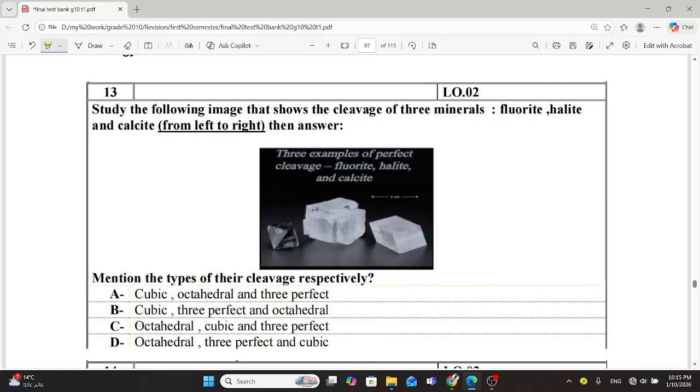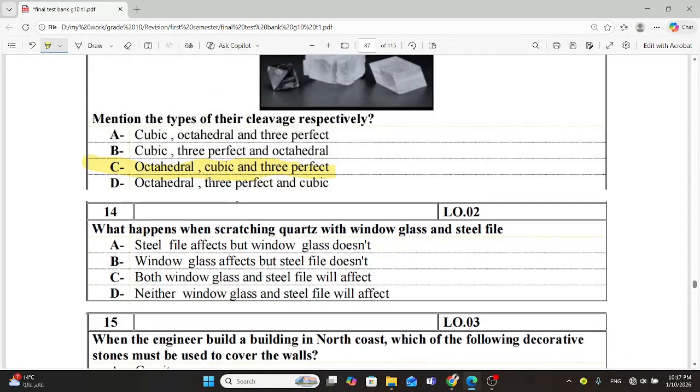The following image shows the cleavage of three minerals, fluorite, halite, and calcite from left to right. Mention the type of cleavage respectively. Fluorite is octahedral, halite is cubic, and calcite is rhombohedral perfect.